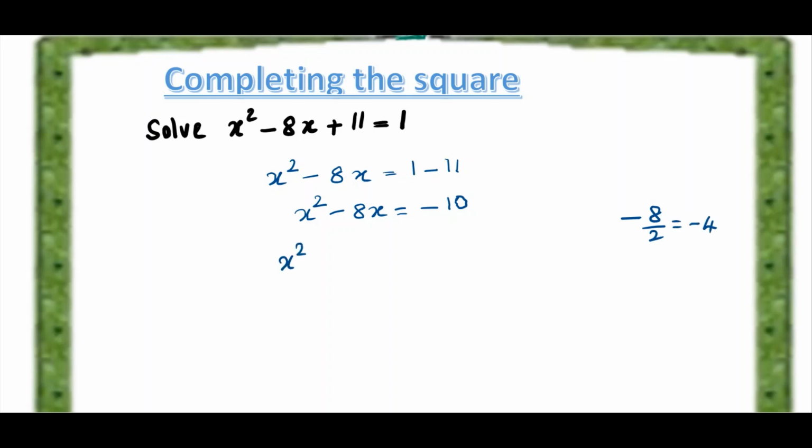So x square minus 8x minus 4 square. So you can write 4 square and 4 square minus 10.